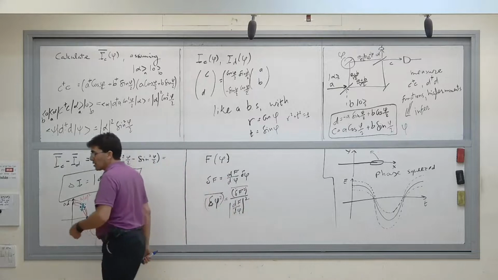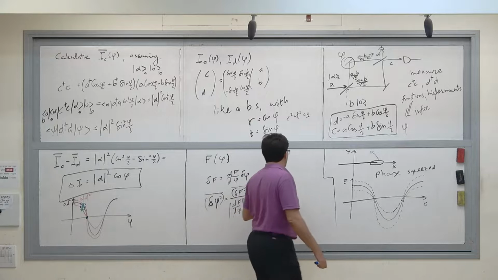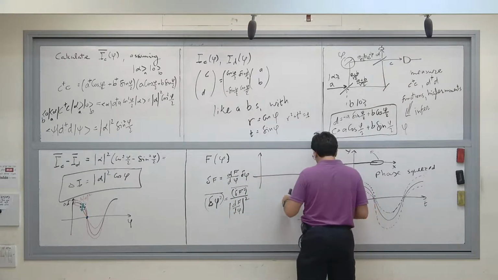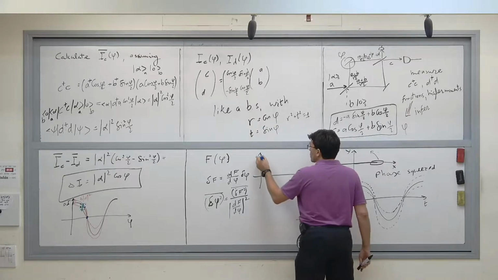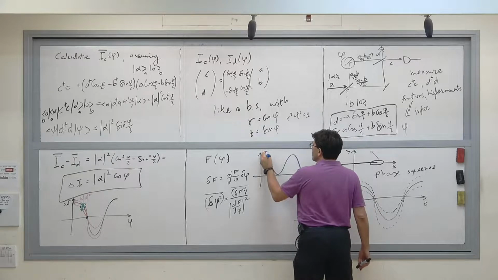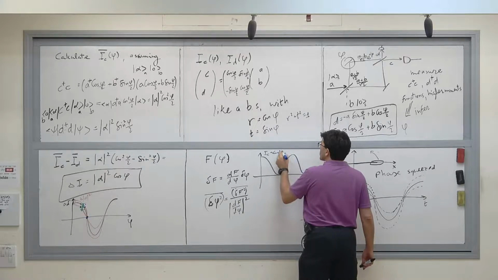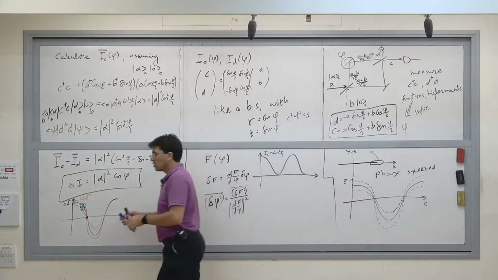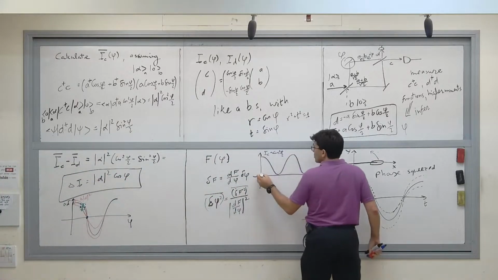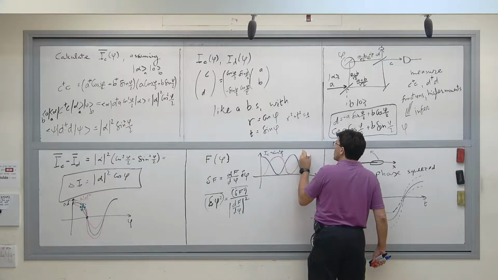And just to make clear what we see here, we have two intensities, one that goes like cosine squared, IC, which goes like cosine squared of phi over 2, and ID, which goes like this.